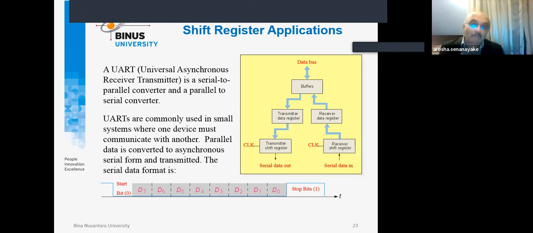So the CPU is constantly looking at whether data is available in the buffer. Buffer means storing data until the CPU accepts the data from the buffer.